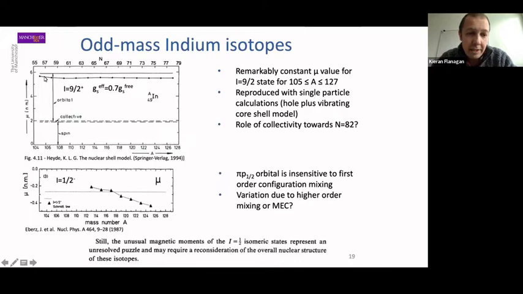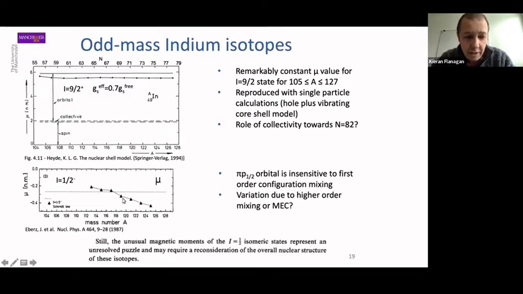This is the magnetic moment measurements, and we have a remarkably constant magnetic moment right the way across the isotope chain of indium, which then allows a relatively simple description, not requiring a significant amount of collectivity, and reproducing it with a single-particle hole plus vibrating core, with, I would say, an arbitrary quenching of the free particle g-factor to reproduce this.